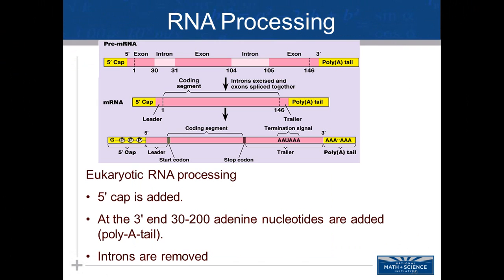All right, so let's get back to eukaryotic cells, because one of the things we mentioned about a piece of RNA that is made from a DNA template in eukaryotic cells is that it's processed. One of the things that we know is that the average immature messenger RNA that comes off a DNA template is 8,000 nucleotides long.